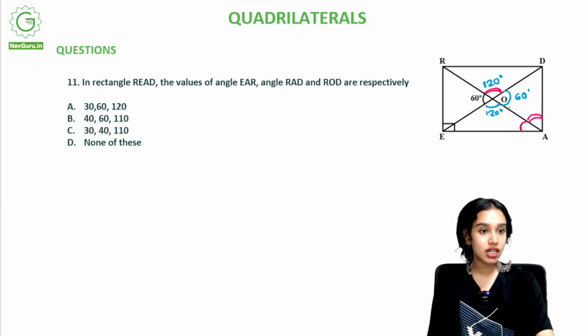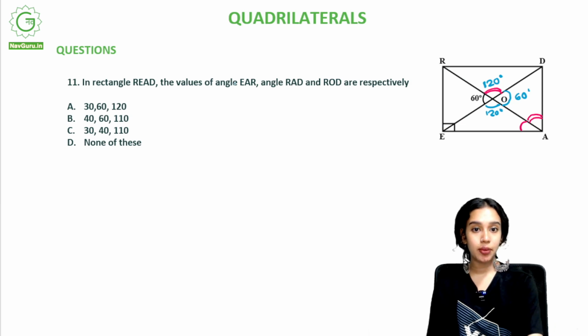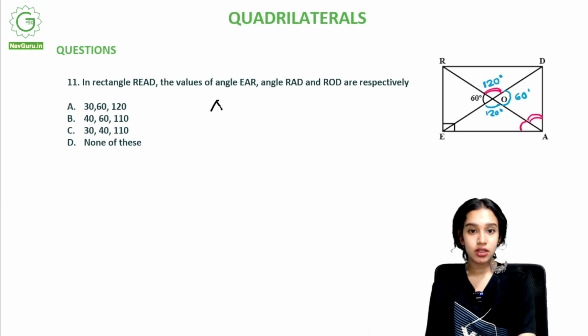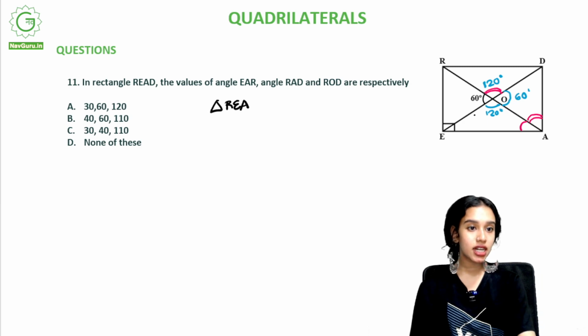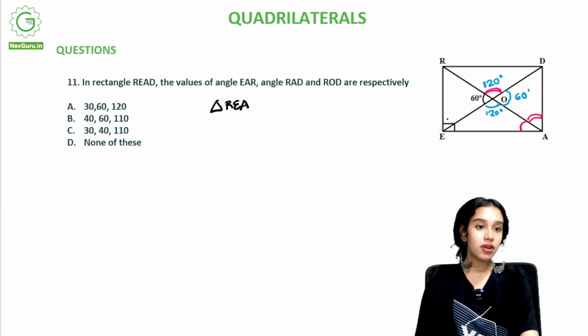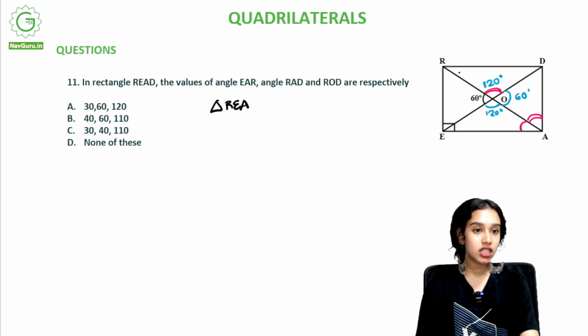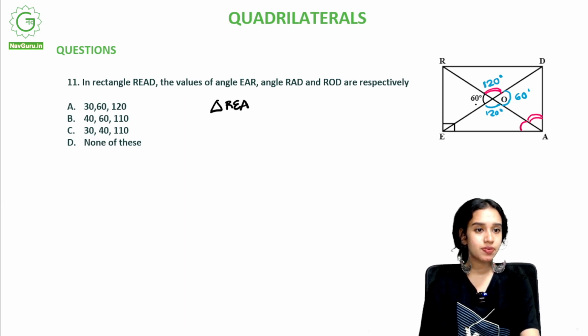Let's consider the triangle REA, right? In the triangle REA, we found that this is 90 degrees. This side and this side are similar and this side and this side are similar, so it's not the same angles.